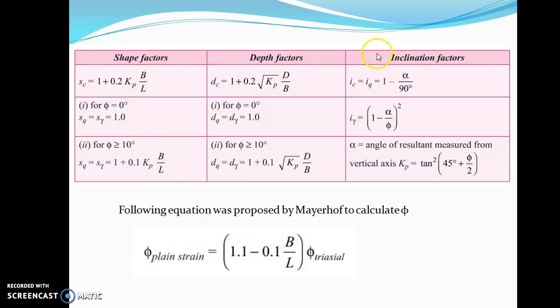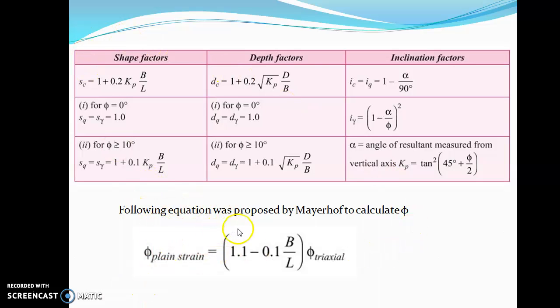The shape factors are given by Meyerhof. Various equations are mentioned here. Alpha is the inclination angle of the resultant measured from the vertical axis. K_p is the passive pressure coefficient. Rest of the things I have already explained before.